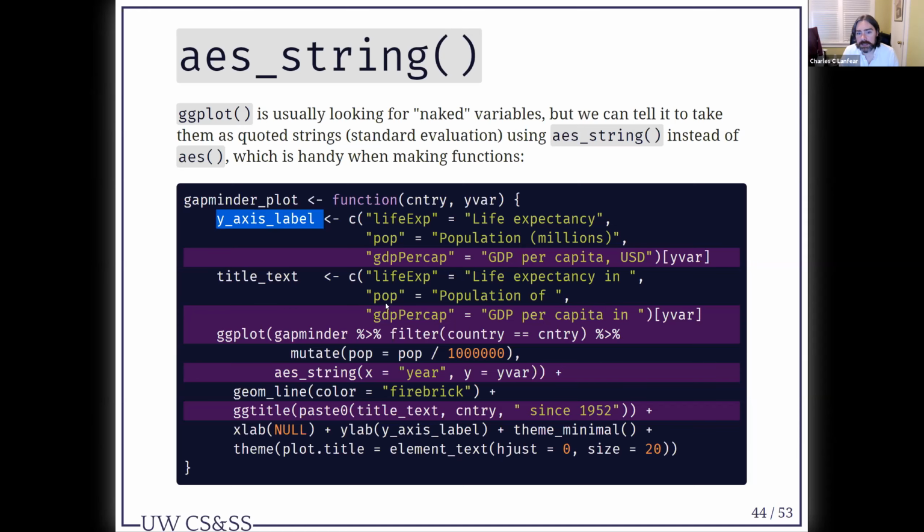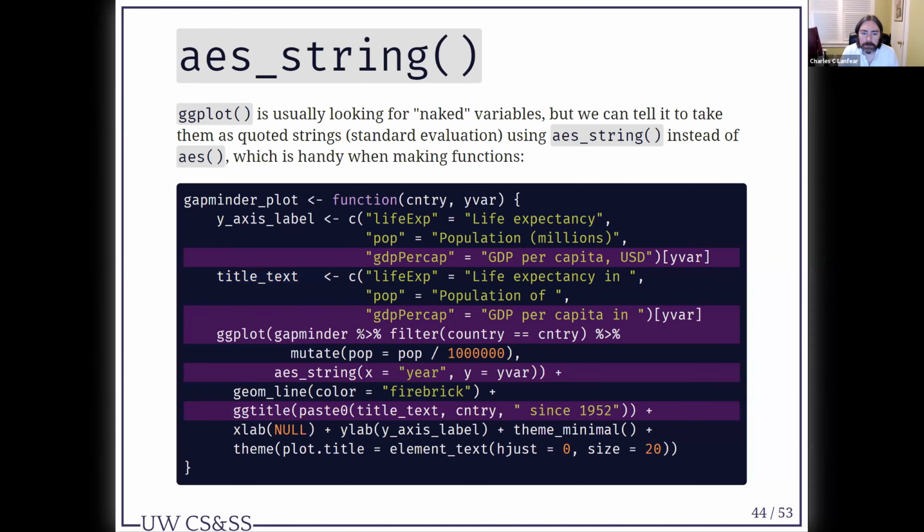Similarly, it's going to go down here, and to title text, it's going to find GDP per capita and assign GDP per capita in to title text. So I'm just immediately using this lookup table to assign some values. Thus, I can assign my y-axis label to this, my title to this.